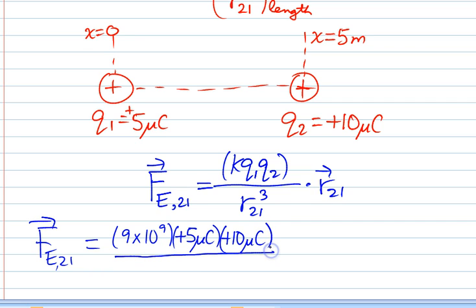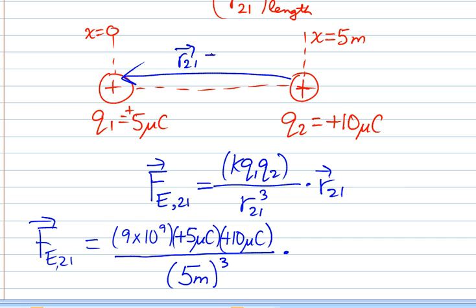Okay, now let's think about this. What is the distance between 2 and 1? In other words, what should I put in for the length of r21? Oh, well, clearly they are separated by 5 meters, but I have to cube that. So they're 5 meters apart. Now, r21, on the other hand, is a vector which goes from 2 to 1.